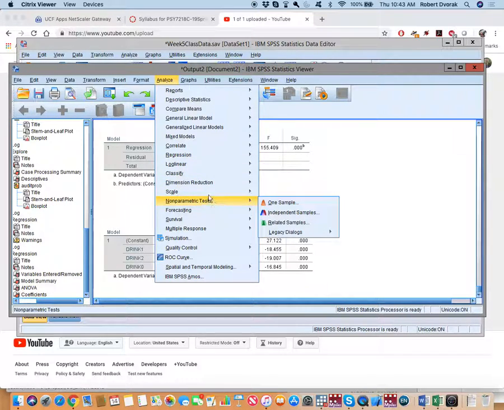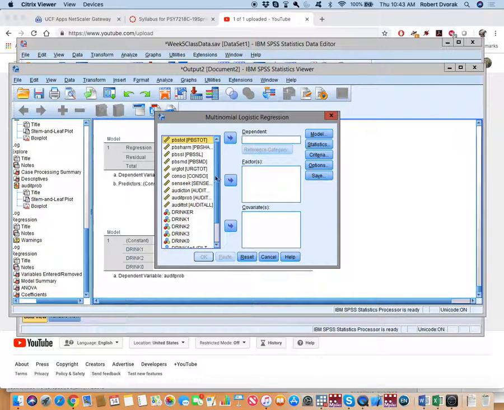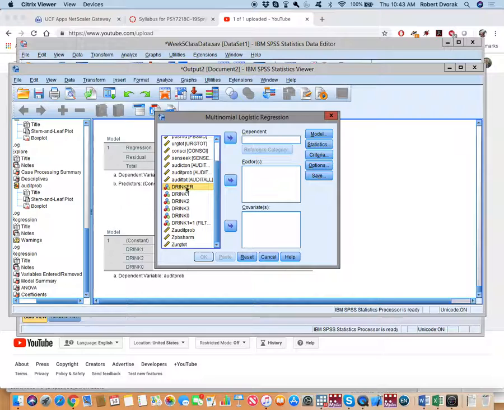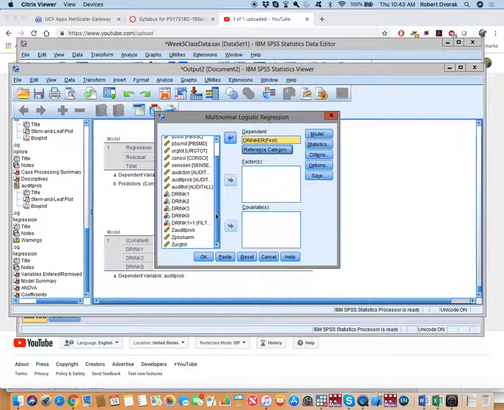Let's go to multinomial logistic. In this case, we actually will put drinker in as our dependent variable, and we'll set our reference category as the first category, which is 0, right? Ooh, yep, that looks right.